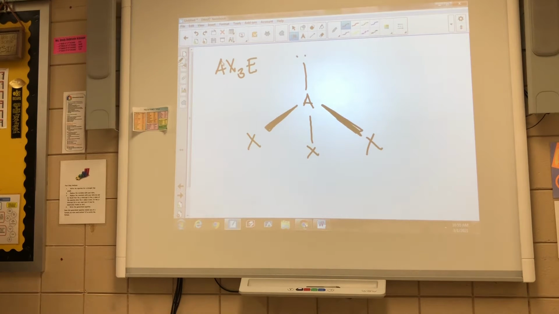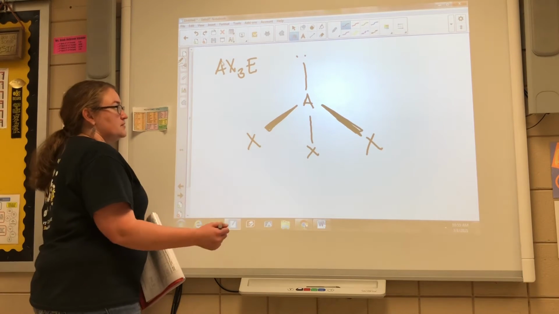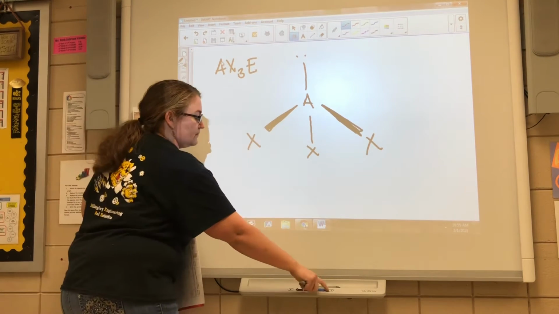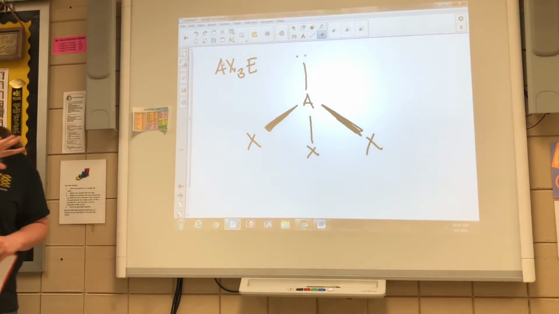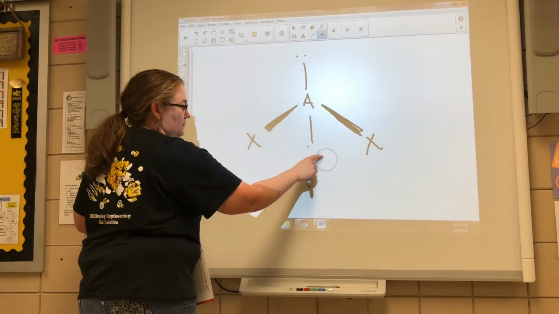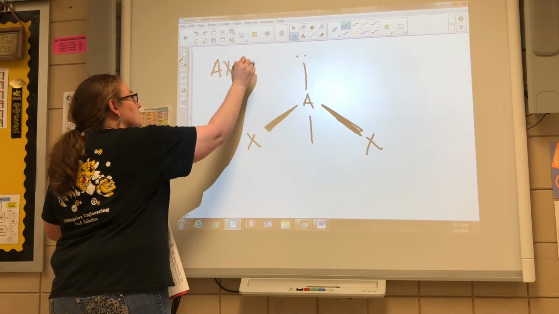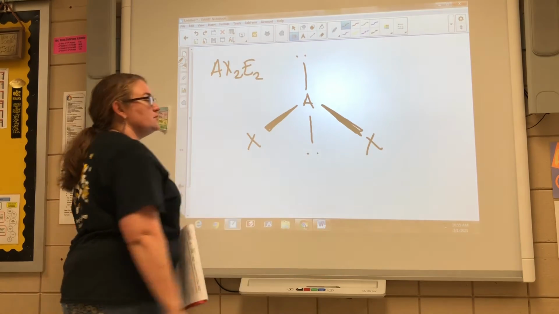So for your AX2, all you're going to do is, did everybody get this? Yes. All right. So for your AX2E, you're just going to put 2 dots down here at the bottom.